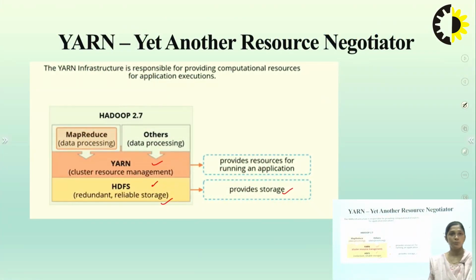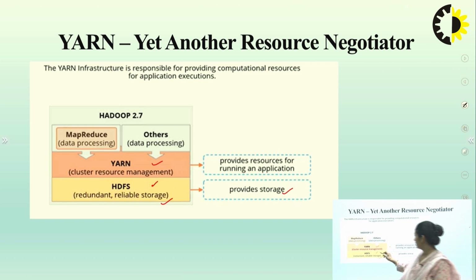When Hadoop 2.0 came into existence, that time YARN was introduced. It provides resources for running applications. In earlier days, we used MapReduce for the data processing along with HDFS. In Hadoop 1.0, we were using only two components.